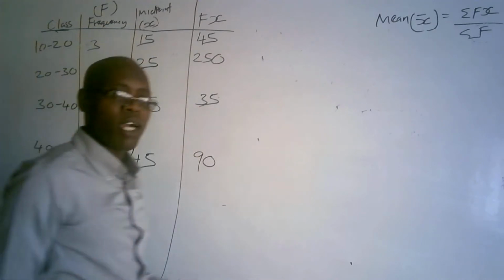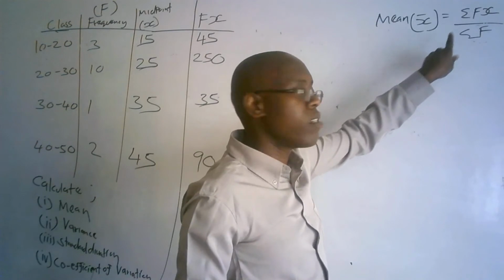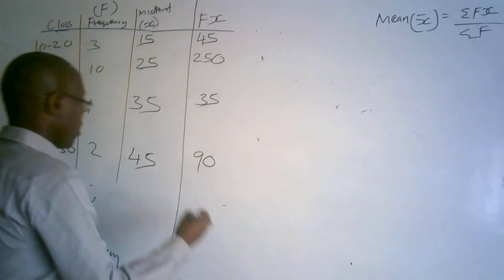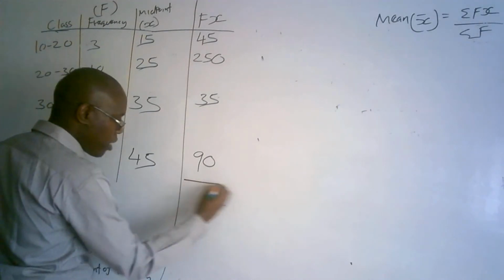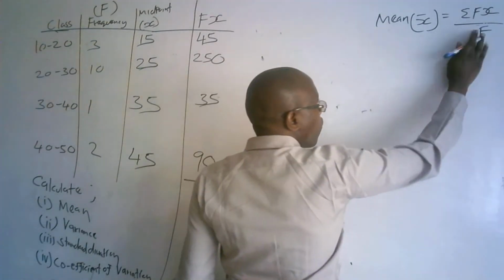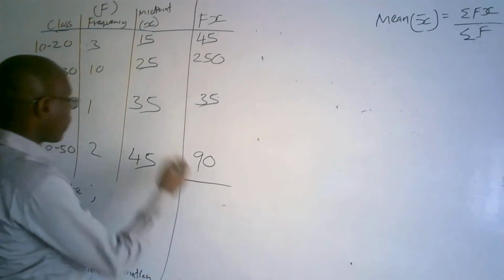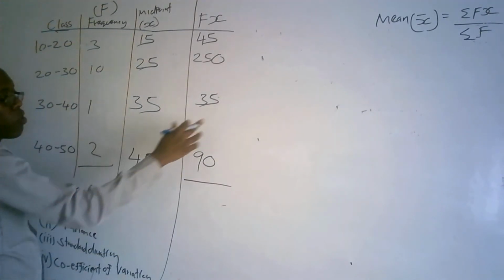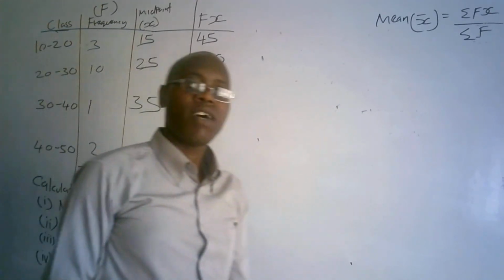Now let us have a look at this formula once again. The mean, which is x bar, we have said is going to be summation of fx. And summation is just summing them up, adding them up. So we are going to get that sum, and also divide by summation of f here. That summation of f is the frequency. So we are going to add our frequency, and also add our fx for us to be able to arrive at the mean.